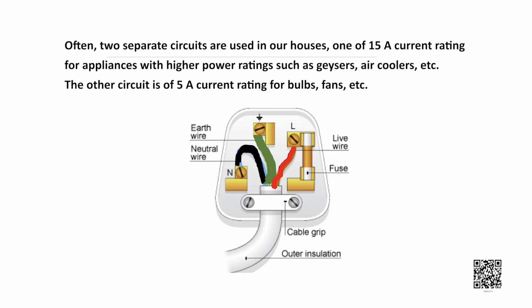Often two separate circuits are used in our houses. One with 15 ampere current rating for appliances with higher power ratings such as geysers, air coolers, etc. And the other circuit is 5 ampere current rating for appliances like fans, bulbs, etc.